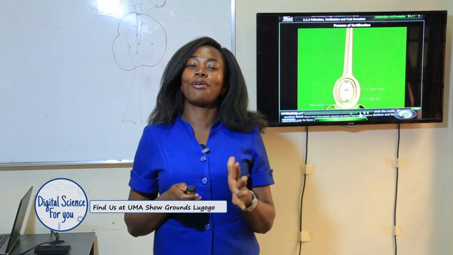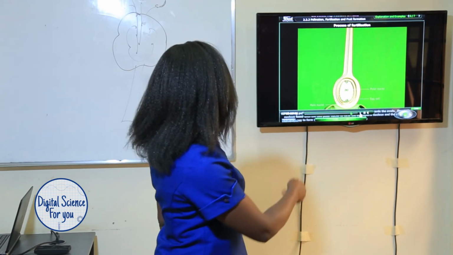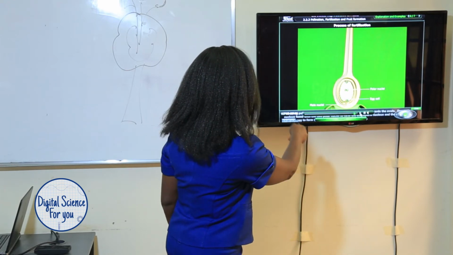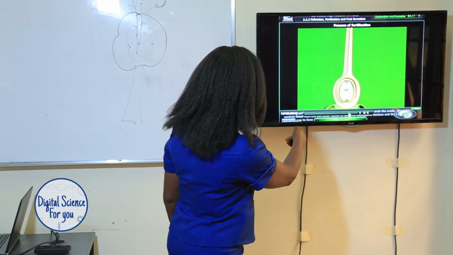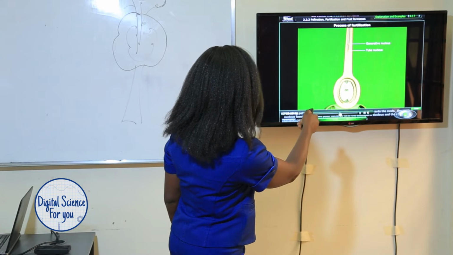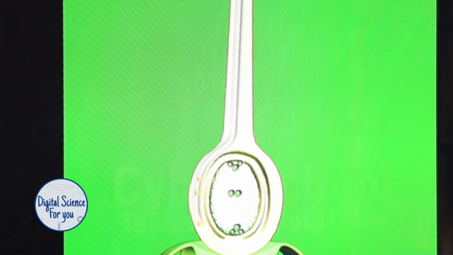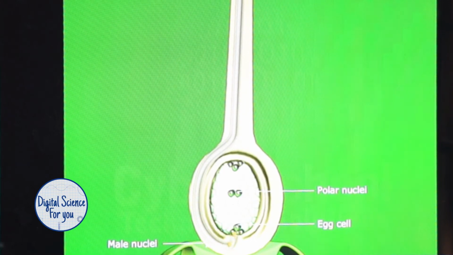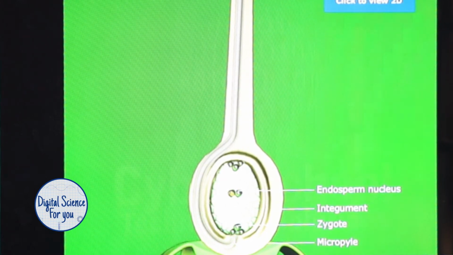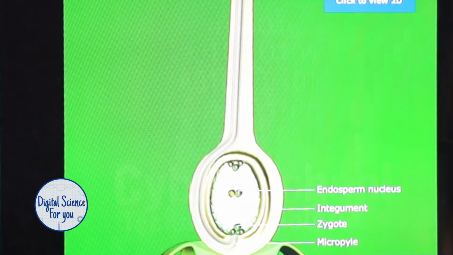But just before the male nuclei enters to fuse with the egg, it has to split into two male nuclei. So now, the pollen tube, let's look at our digital science. We take it back to see this properly. There. The pollen tube brings the tube to the micropyle, and there we have the two male nuclei.